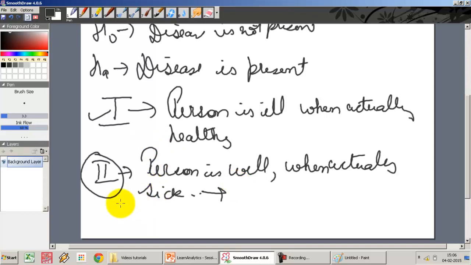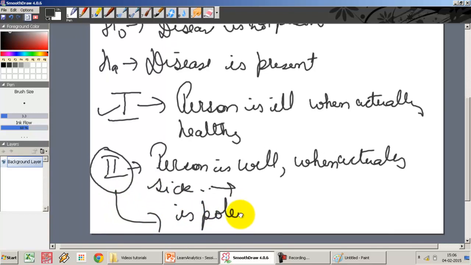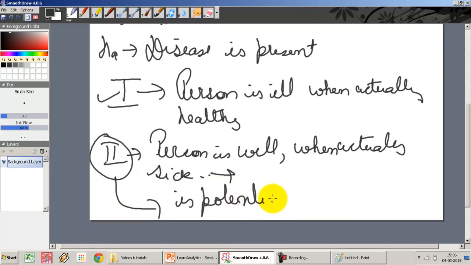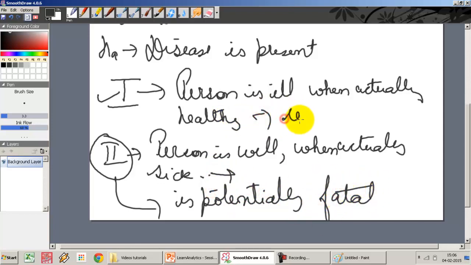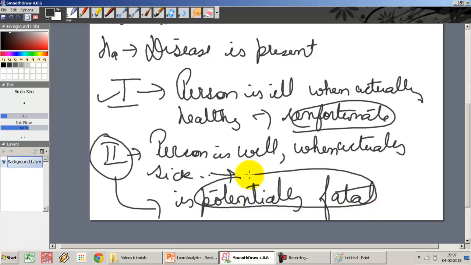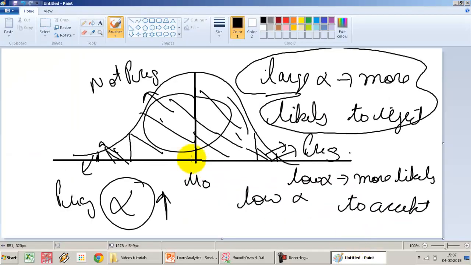So in this case also, a type 2 error is potentially fatal. A type 1 error is unfortunate but not fatal: telling a healthy person that they are sick is unfortunate, but telling a sick person that they are healthy can be potentially fatal. So in this case, what should I do? What kind of alpha will I go with?